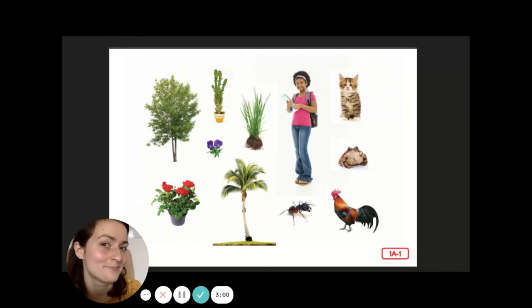A tree. A tree is living. Rock. A rock is non-living. A cat. A cat is living. And a chalkboard. Chalkboard is non-living. I wonder if you could say a few things that are living and non-living.